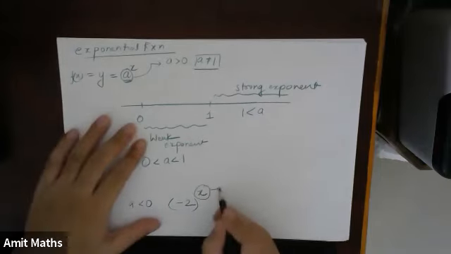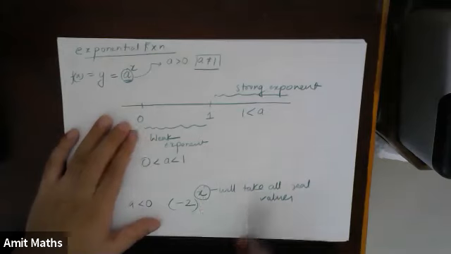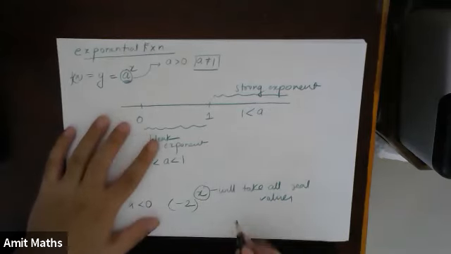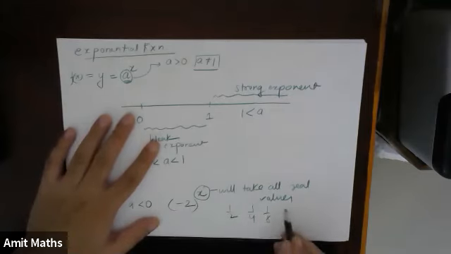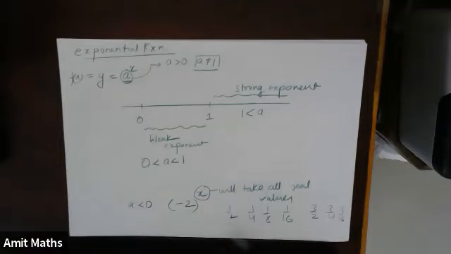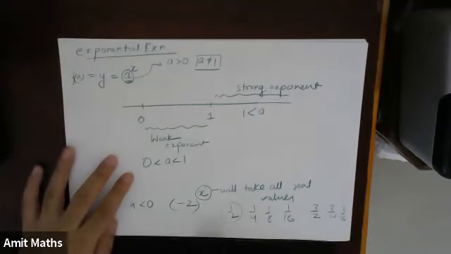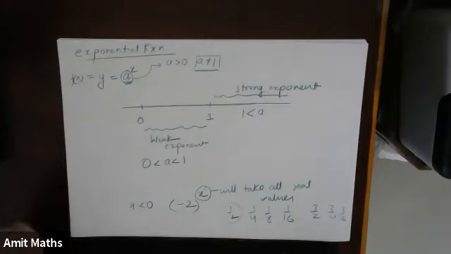Now this x will take all real values, so x will also take 1 by 2, 1 by 4, 1 by 8, 1 by 16, and also values like 3 by 2, 3 by 4, 3 by 16, and so on. And what is this? Square root of minus 2 is not defined. Fourth root of minus 2 is not defined. 8th root of minus 2 is not defined. 16th root of minus 2 is not defined. Understood?